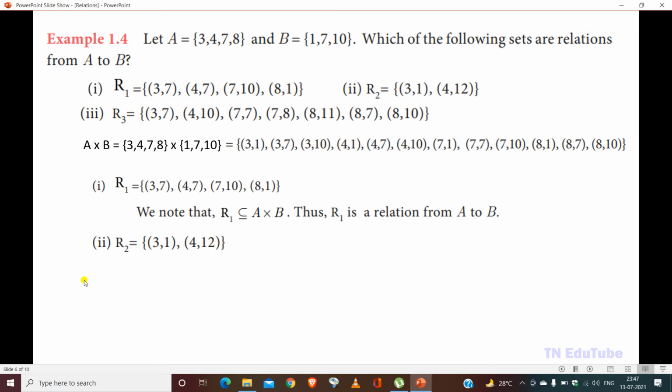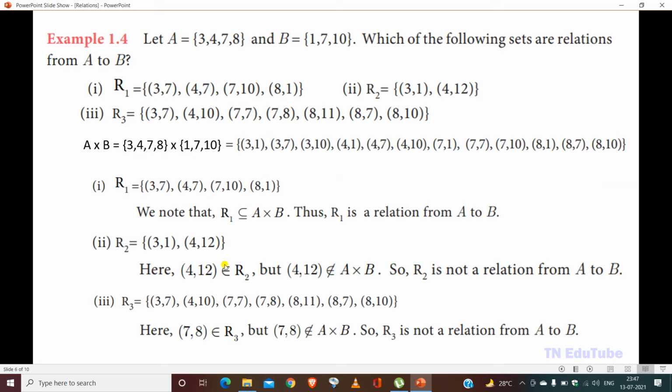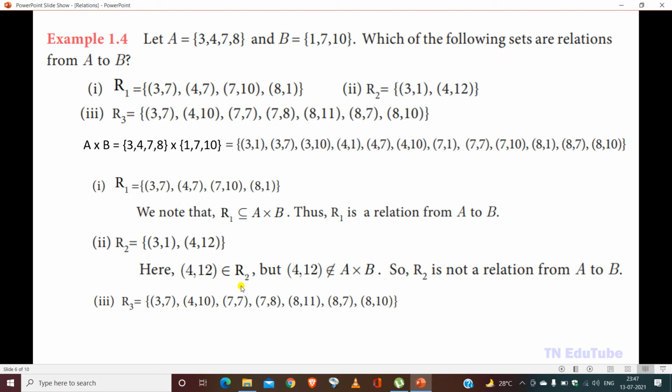So we conclude that (4,12) is not an element of A cross B. (4,12) is in R2, but (4,12) does not belong to A cross B. So R2 is not a relation from A to B.